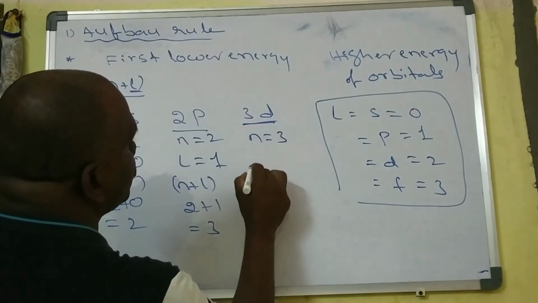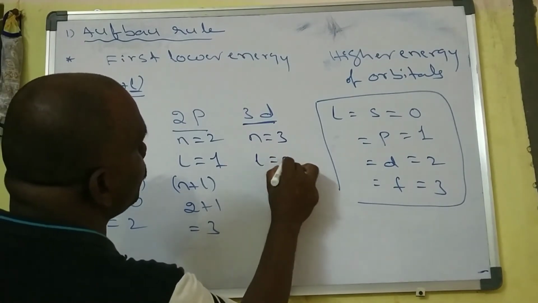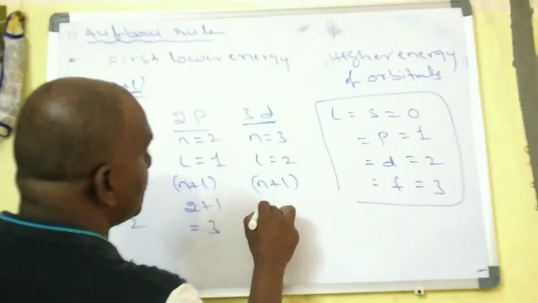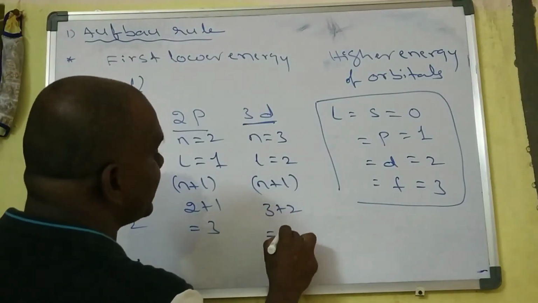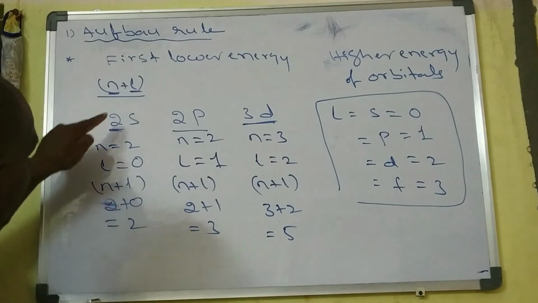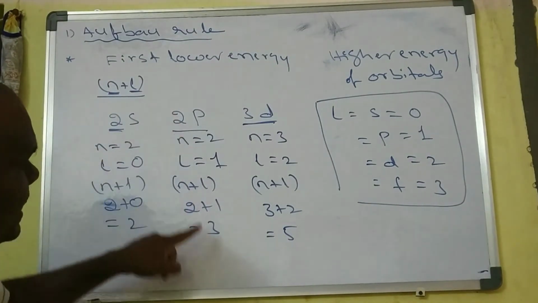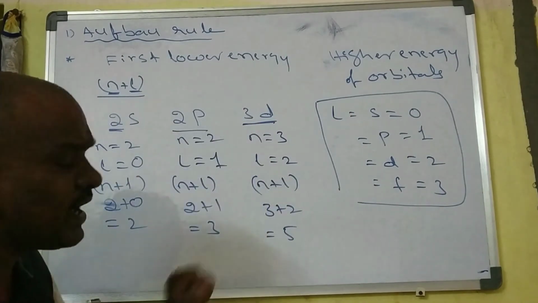So N is equal to 3, L is equal to 2, and N plus L is 3 plus 2, that is equal to 5. For 2s the sum of N plus L is 2, for 2p it is 3, for 3d it is 5.